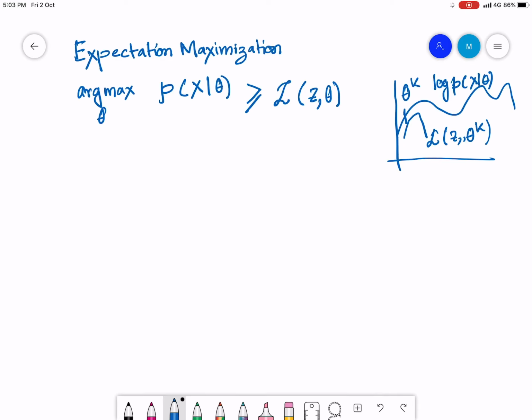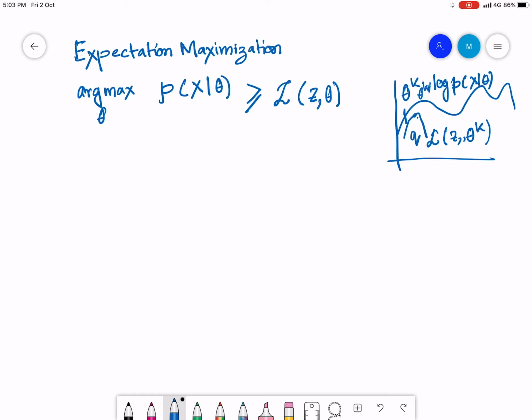Then keeping this q, the variational distribution, the same, we find another theta, theta k plus 1, which is the highest point of this bound, and then we alternate.